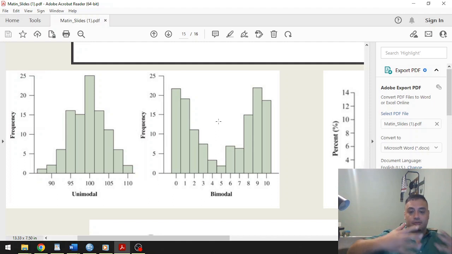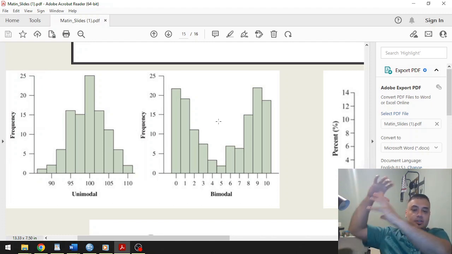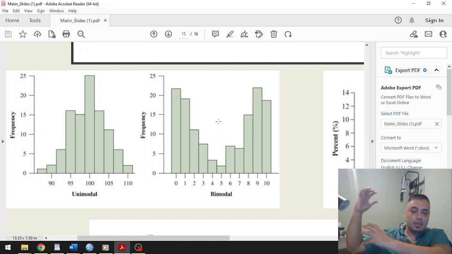Rather, a good example to explain a bimodal distribution may be wealth distribution in a society, where one chunk of the population has the majority of the wealth, then there's a very small middle income, and then another chunk of the population has the other majority of the wealth.